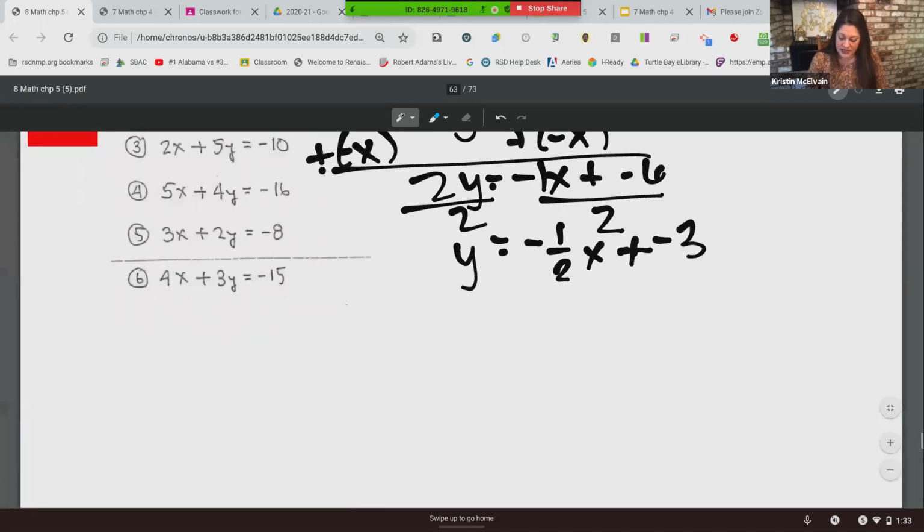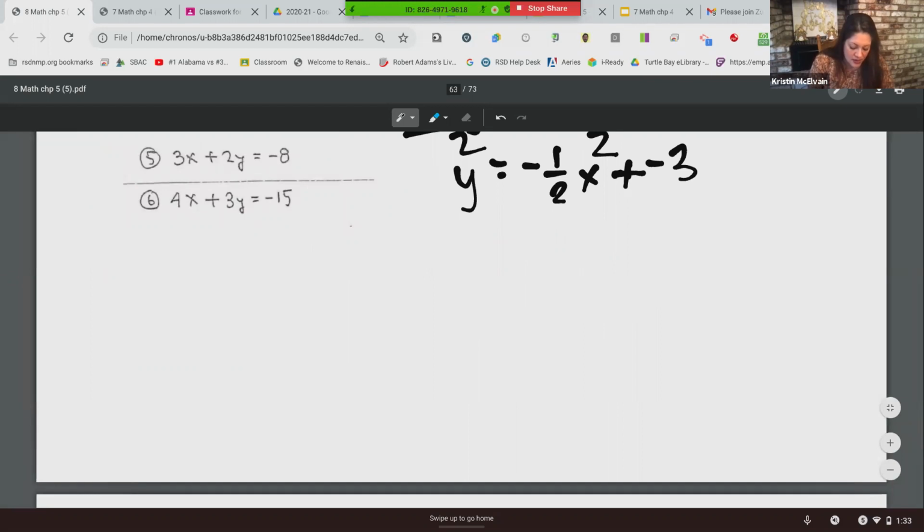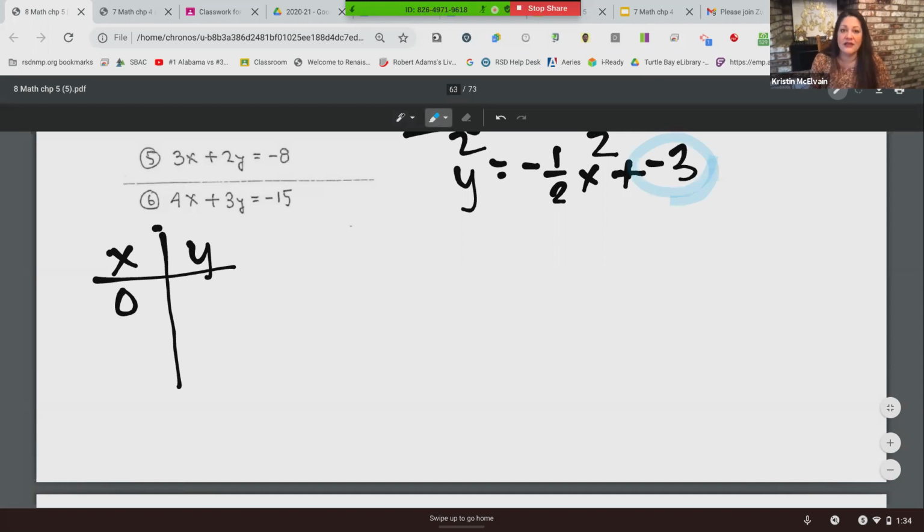And I'm actually going to scoot that up so I've got some room for my xy table, way over here so I've got room to work. Okay, first value I want to do for my input or my x, I want to use 0. So that is going to be our y-intercept. And I can look at it and I know my y-intercept is -3 because that's what I have in my equation.